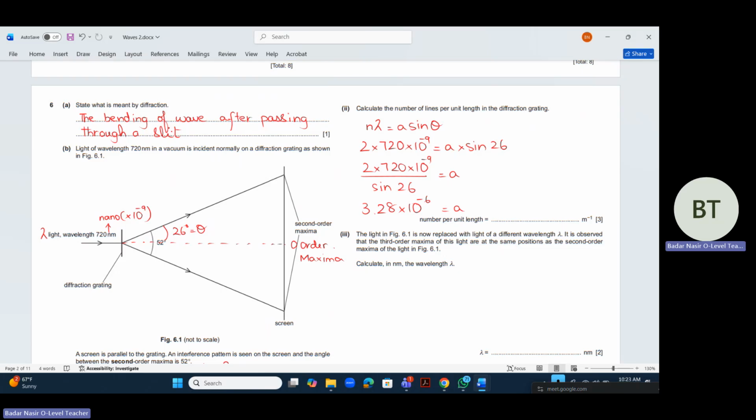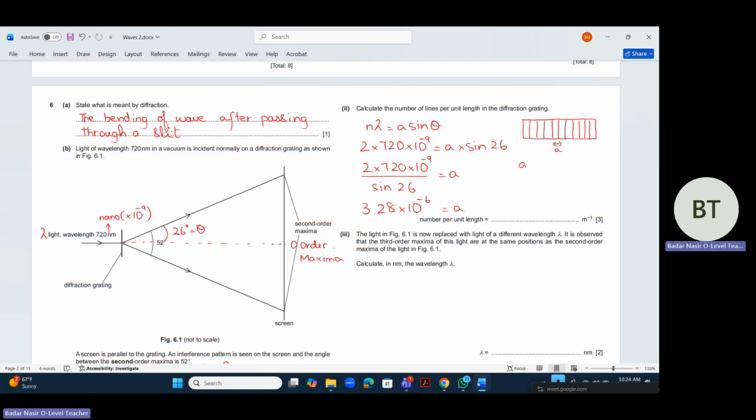ठीक है? मतलब diffraction grating में अगर आप लोगों को याद हो, diffraction grating में एक ग्रिड होती थी जिसमें ये लाइंस होती हैं, right? And A is the distance between one of these lines. ठीक है?